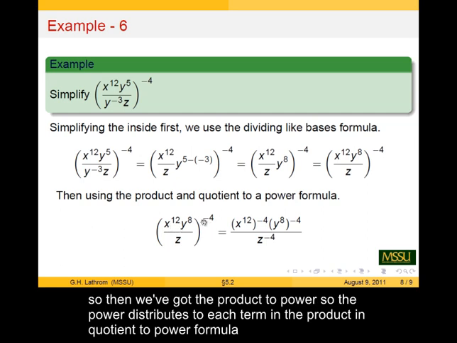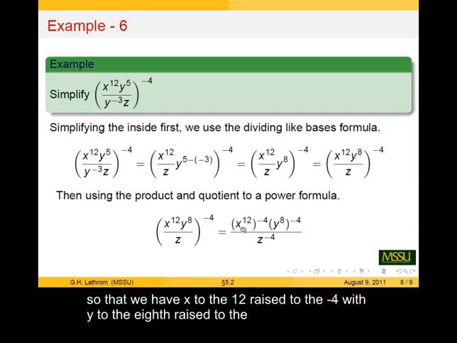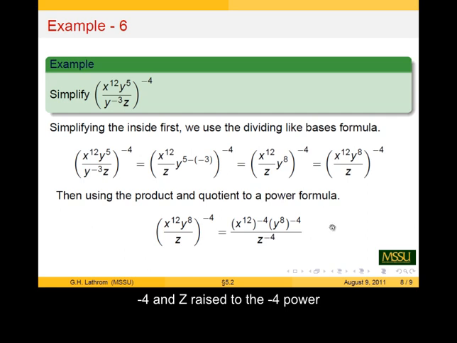For the product to a power, the power distributes to each term in the product. For the quotient to a power formula, the power distributes to the numerator and the denominator, so that we have x to the 12th raised to the negative 4, y to the 8th raised to the negative 4, and z raised to the negative 4 power.